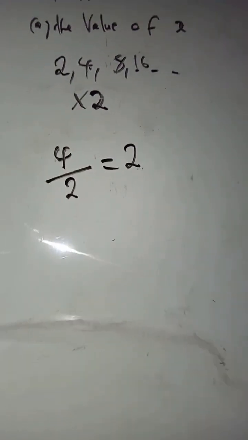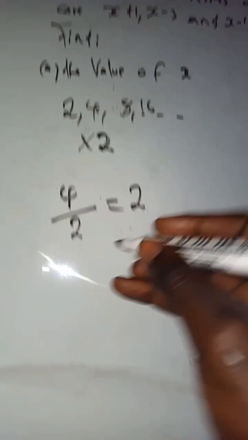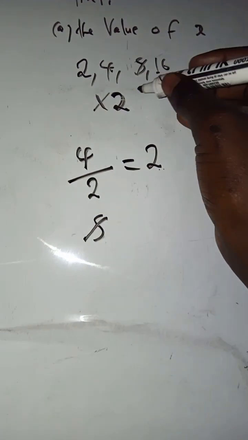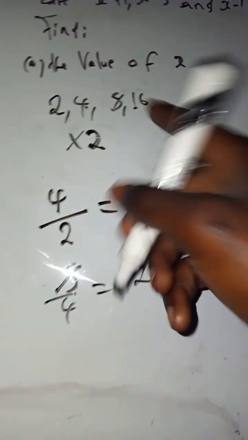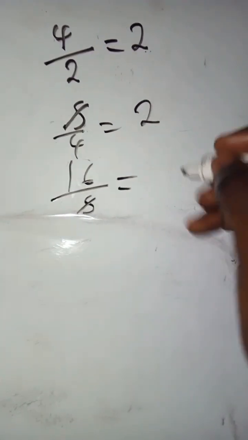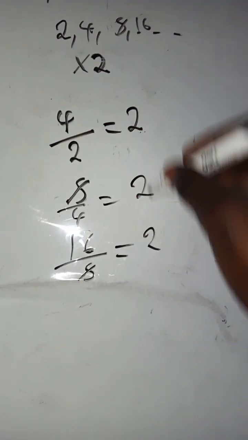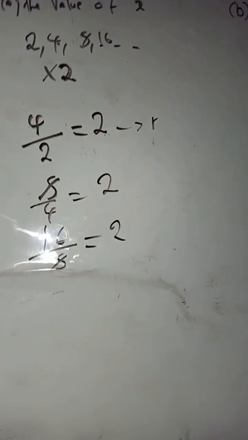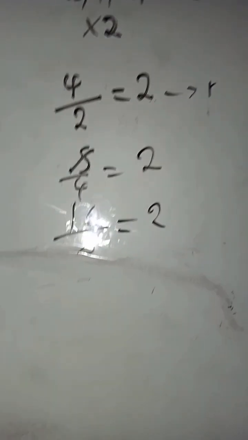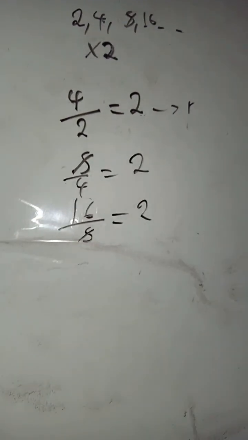If I'm looking at 8, I divide it by the previous term, 4, and I still get a 2. If I get 16, dividing it by the previous term, 8, I'll have 2 again. So you see there's a 2 throughout. The 2 is what we call r, the common ratio. It is common throughout.